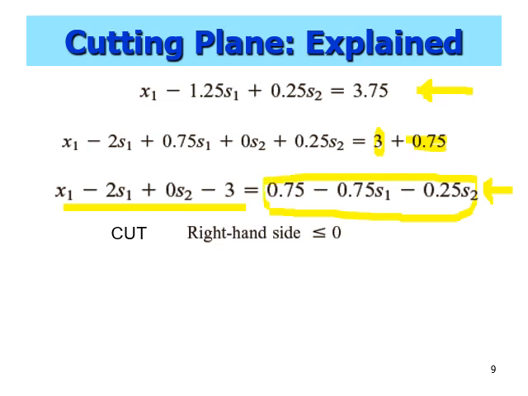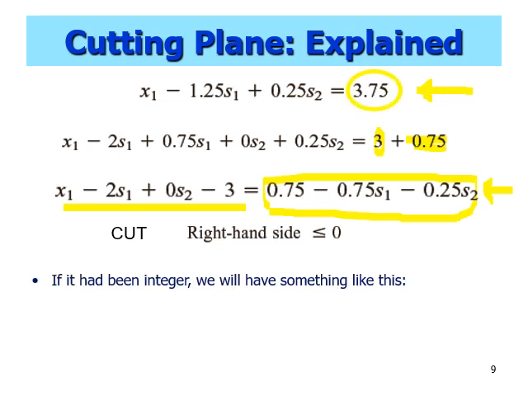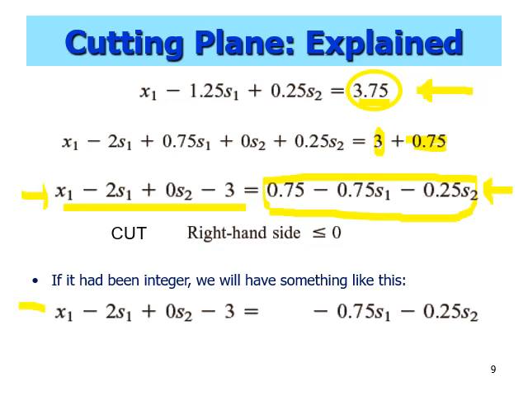Okay, now let's think about if this 3.75 had been integer, or in other words, let's suppose it is integer. It means that we will have something like this. So compare this and this. If the value had been integer, let's say 3.0, instead of having 0.75 here, we will have nothing, right?